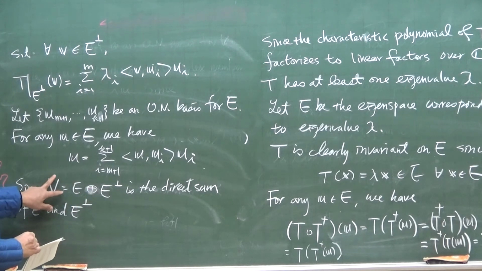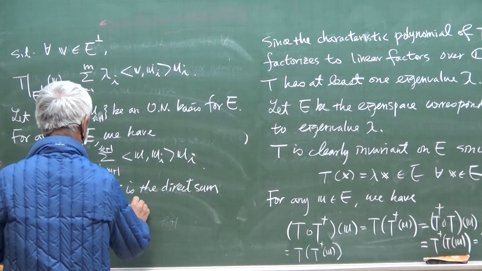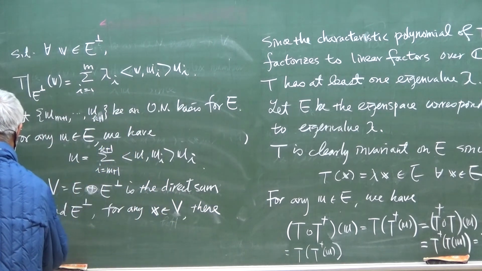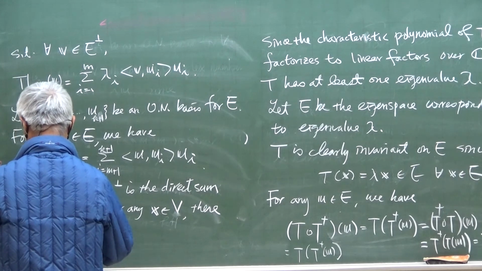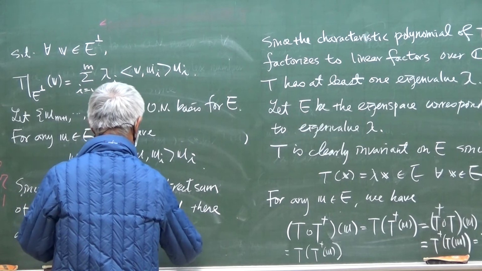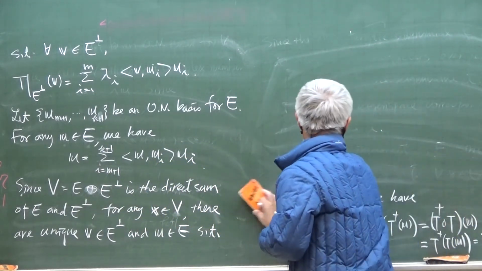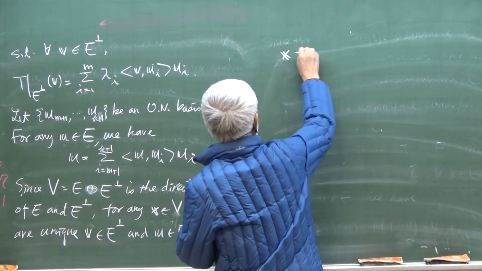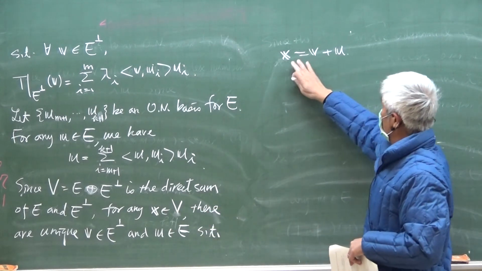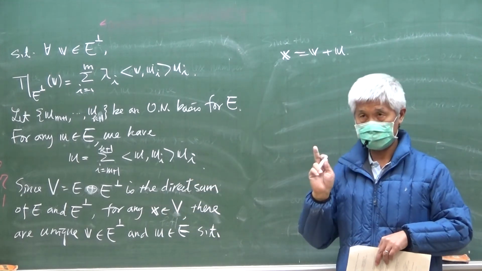We considered in section 7.1 that for any x in the original vector space V, there are unique V in E perp and U in the eigenspace E such that x is equal to V plus U. So that's the meaning of direct sum. Every vector x can be formed by the sum of a vector in E perp and a vector in E, and the choice of V and U are unique. Okay, this is the meaning of direct sum.